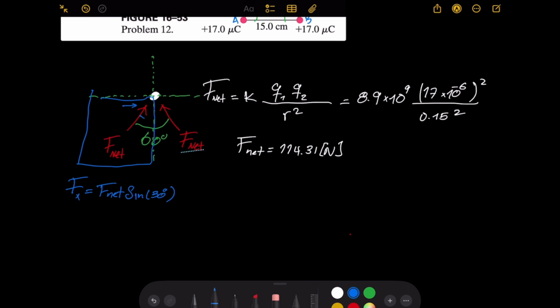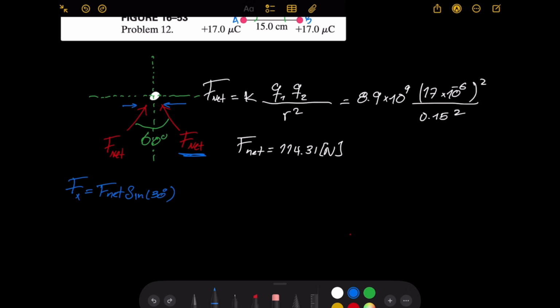So right here we have 30 degrees, and now we can apply trigonometry. The x component is going to be the net force times sine of 30 degrees. But at the same time, this other force has the same magnitude but a different direction, which means that they will cancel out. Particle C is not going to feel any force in the x direction because they cancel out.